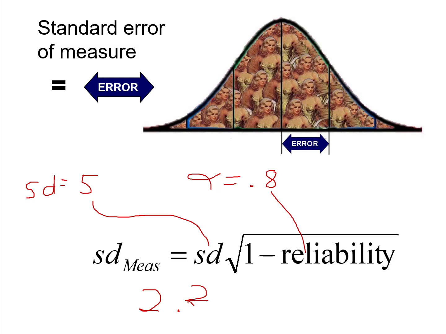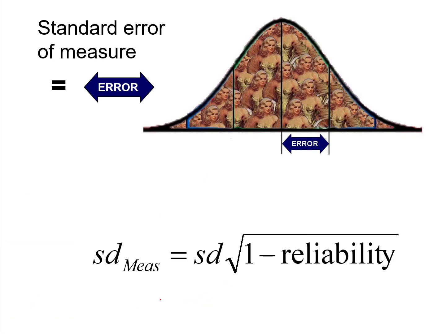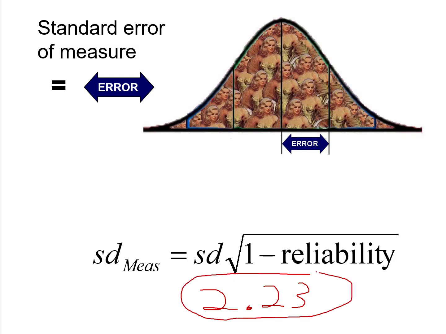So say I calculate my standard error of measure and it's 2.23. What that means is, if I have my scale measuring extroversion, each time someone completes my scale, on average, the score that I observe for any one person is typically going to be about 2.23 units away from that person's true score.